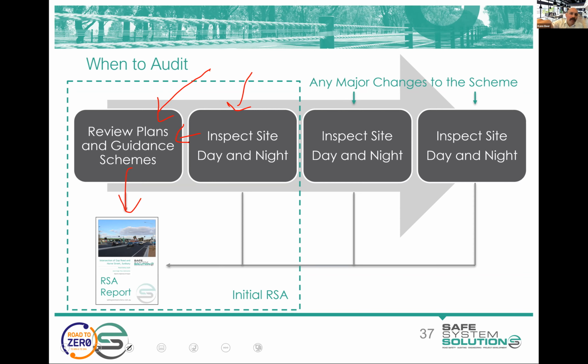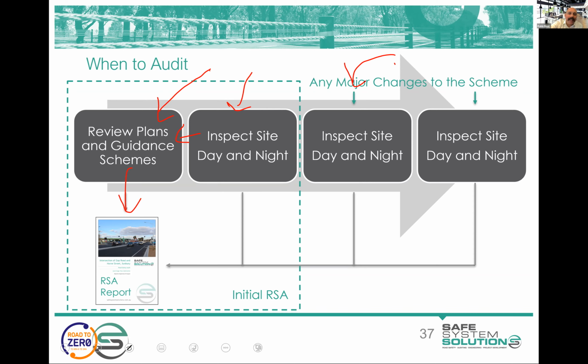Then, once it goes into play and they've rolled it out after they've made the different changes, there really is another inspection point. Again, that's checking that the scheme has gone out as planned, but also checking that there are no wider things that weren't picked up. It's almost like your post-opening as such.